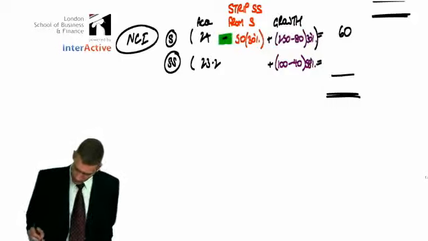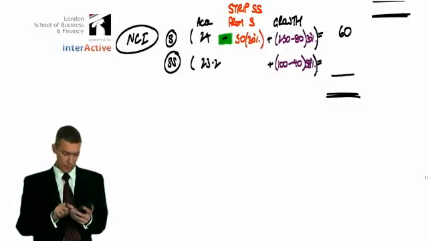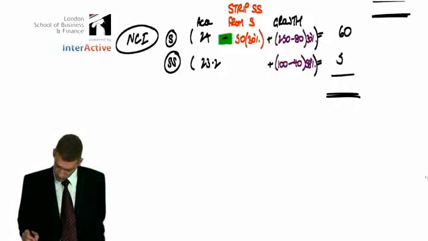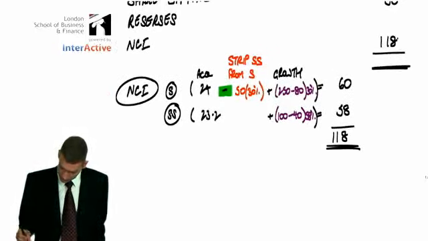And changing back to black. There we go. So we've got 60 times 0.58 equals 34.8 plus the original 23.2 gives us 58. That's quite a nice round number. So that gives us a figure of 118. And then 118 gets slotted into position up there. So there we go, 118.